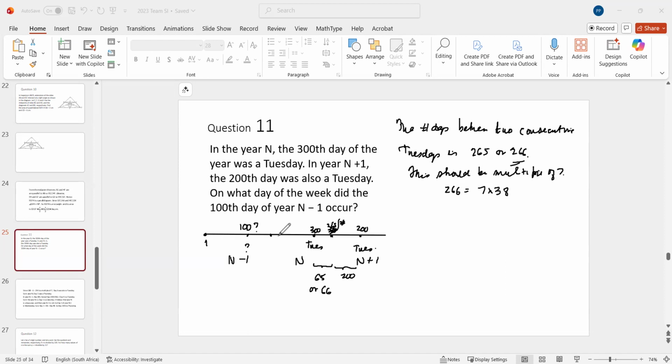So N is a leap year, because it has 366 days. It means the adjoining years are not leap years, because leap years only occur once every 4 years. So this has 365 days, and this also has 365 days.